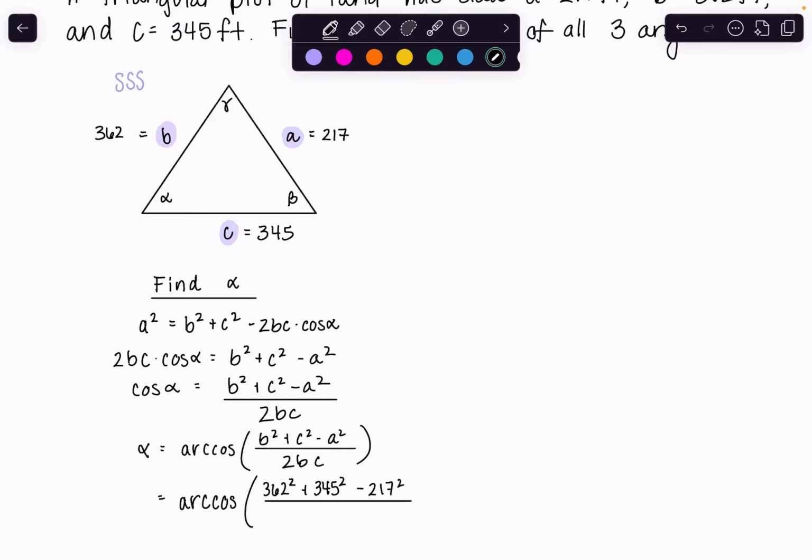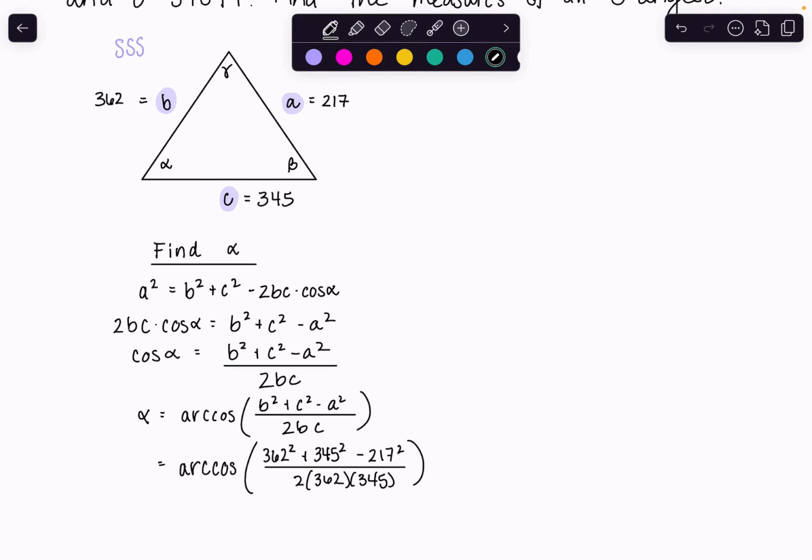And then we divide this by 2bc. And then we plug that into our calculator. So again, I think you'd be okay doing this. You should get that your alpha is going to be about equal to 35.6 degrees.